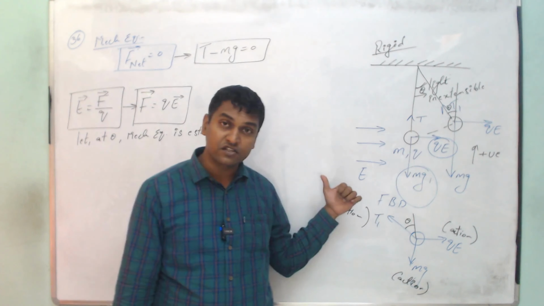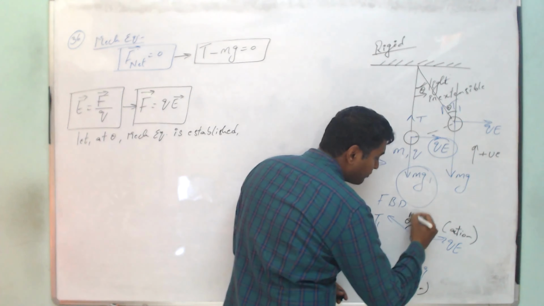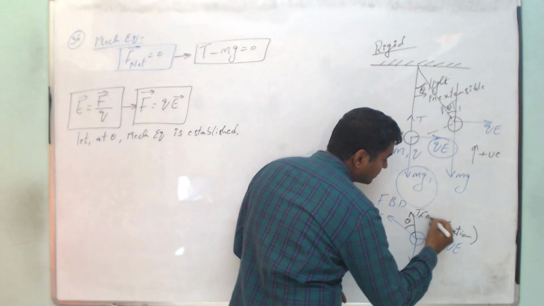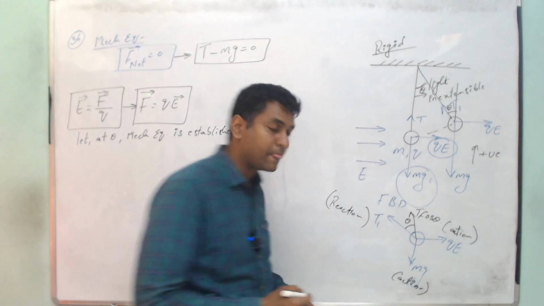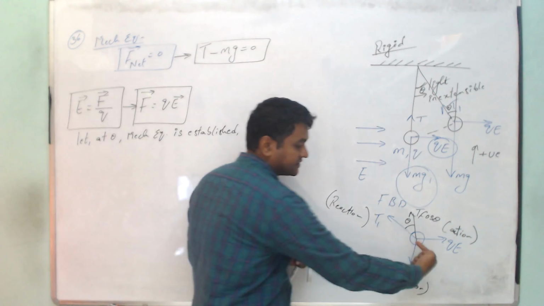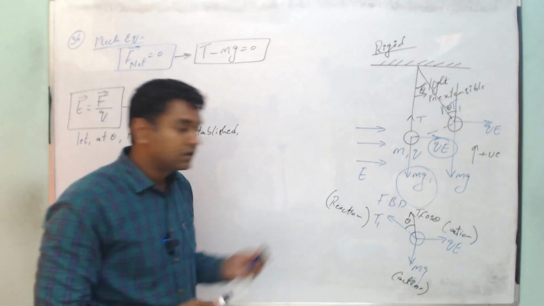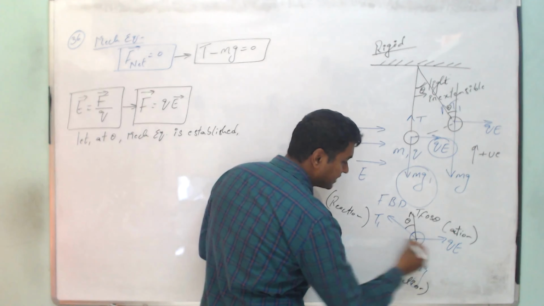So if mg is downward, I want a force in upward direction, and my tension force is in this direction. So the only thing that is possible is that the component can be created over here, T1 cos theta. This is T1, angle is theta, so T1 cos theta upward. Similarly, T1 sin theta.